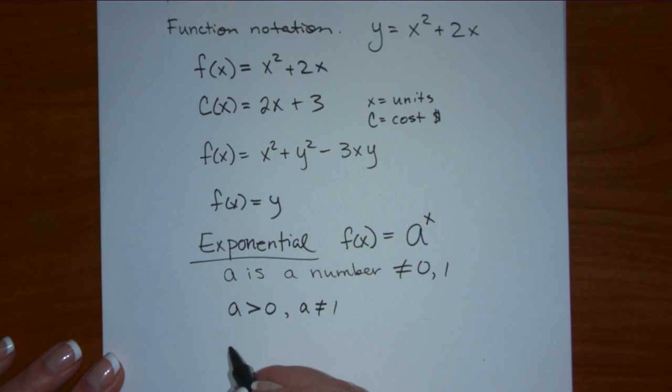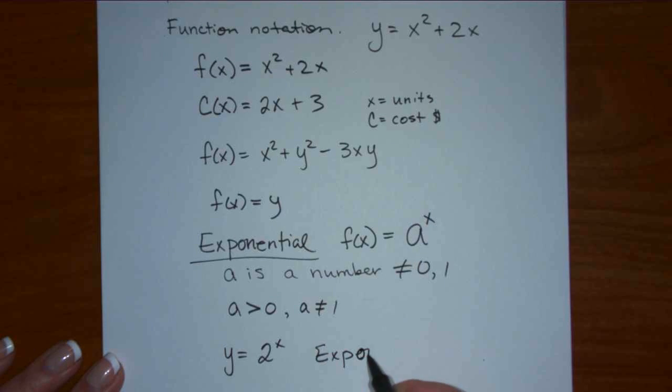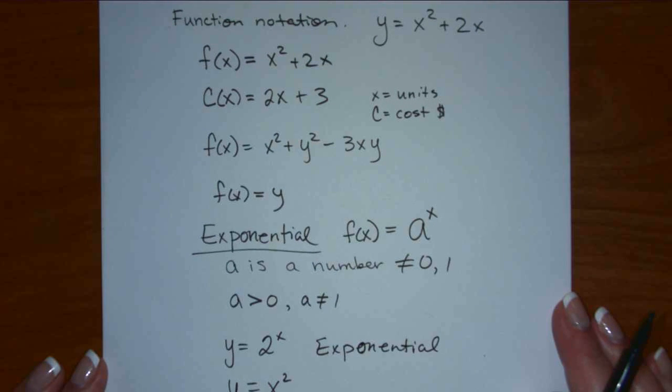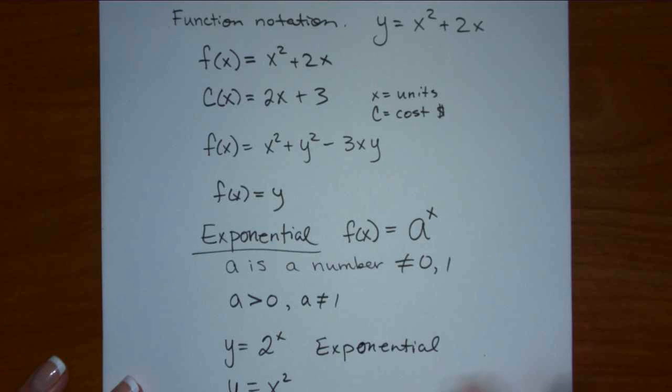So what does that mean? 2 to the power x is an exponential function. X to the power 2 is not an exponential function. This is a quadratic. Or we could just say a polynomial. So a polynomial is when it has x to a power n and the number is up here.